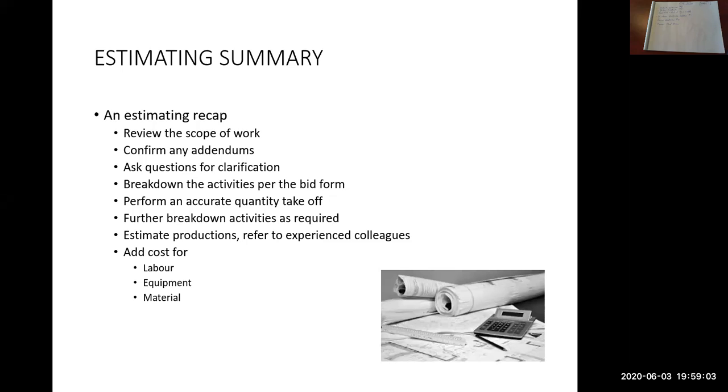Estimate productions. So for now, because you're all just getting into estimating, productions would typically be given to you by your more senior colleagues. So maybe your manager, maybe there's a chief estimator that you're going to be working under.